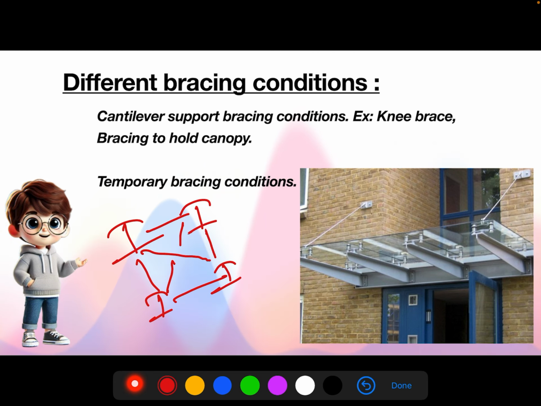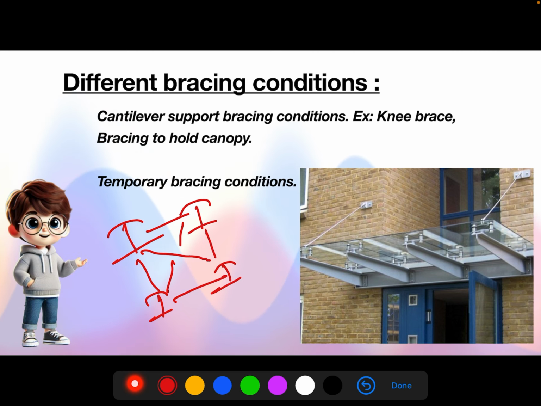Now this bracing requirement may not only be because of swaying. For example, if any building has more wind loads, meaning lateral load, then in those conditions we need to provide bracings. And where more axial load is there, we will also provide bracings.